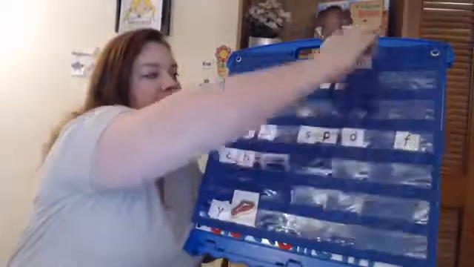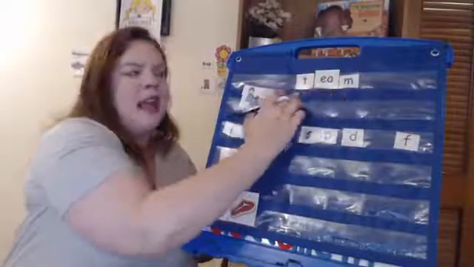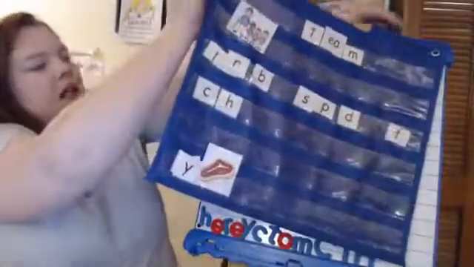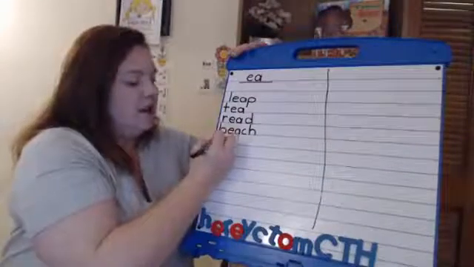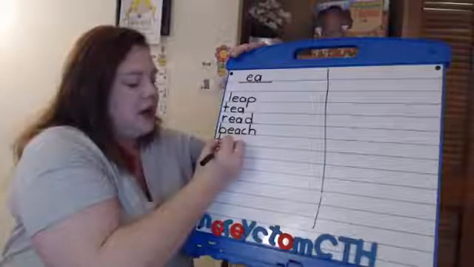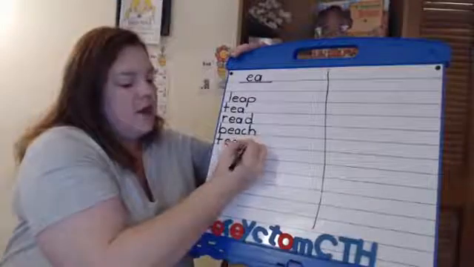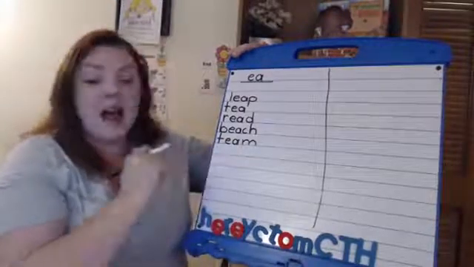All right, so there's team. It looks kind of like T, and then we added an M to it. Team. All right, so we're going to write that on our list. Remember, T is a tall letter. EA is short, and so is M. M is down like rain, hump, hump. Team.